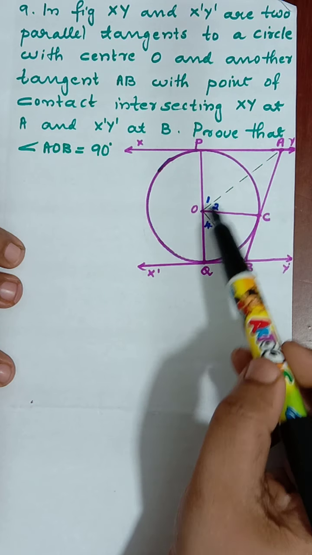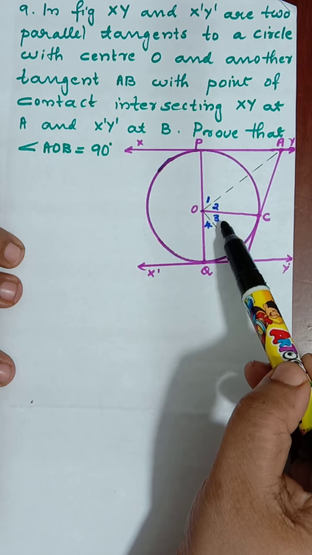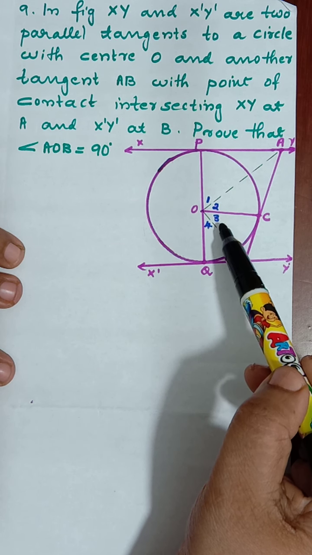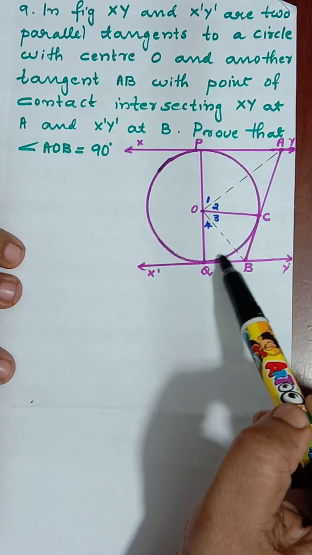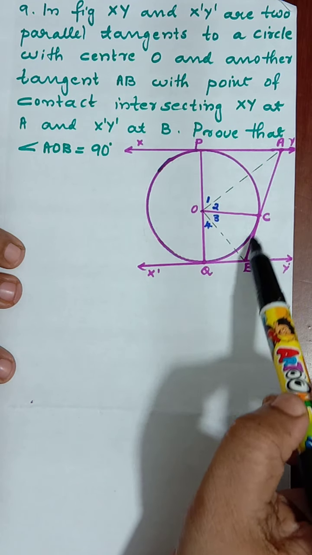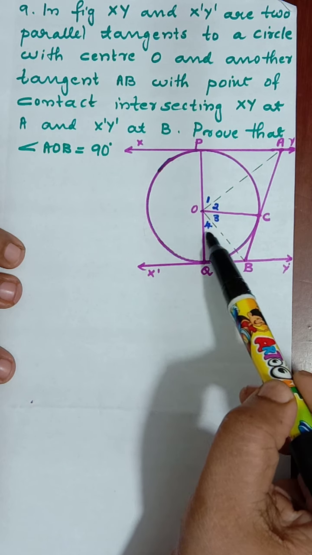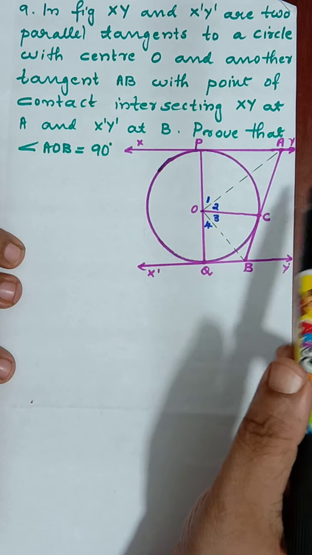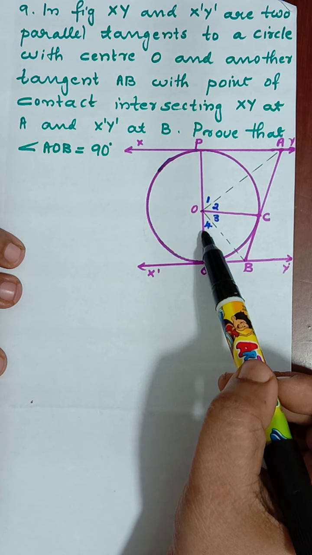AOB has 2 plus 3, 2 and 3 together. So how do we make it equal to 90? By seeing the figure you will get an idea. POQ is a straight line forming an angle of 180 degrees here. The sum of 1 plus 2 plus 3 plus 4 is equal to 180.